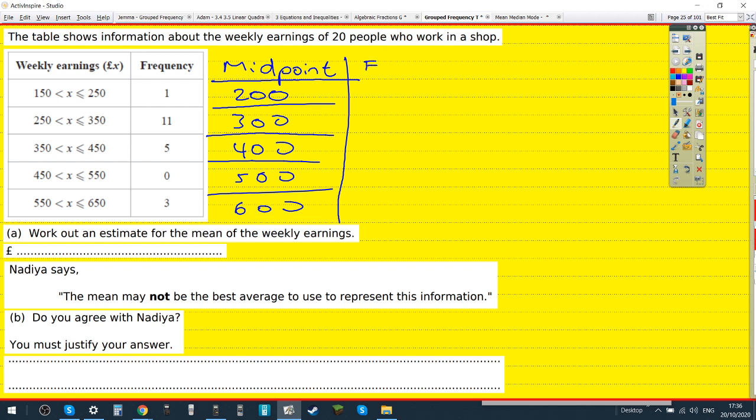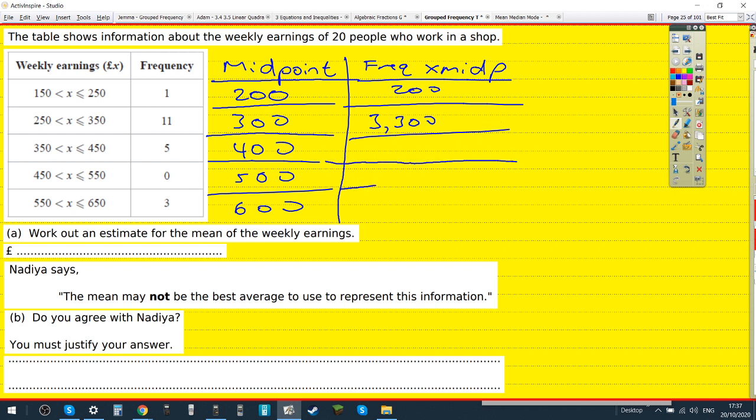So the first one is 200. The next one is 1,300. The next one is 2,000. Next one is 0.